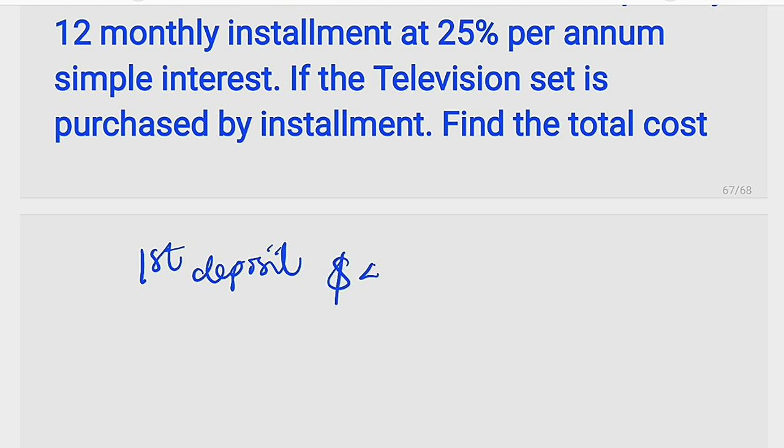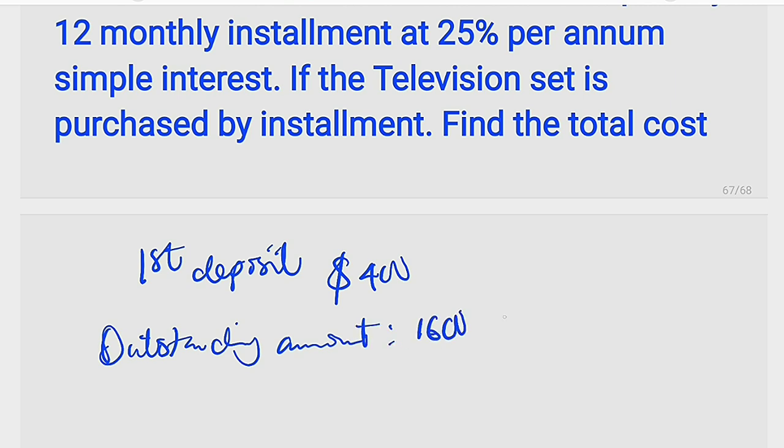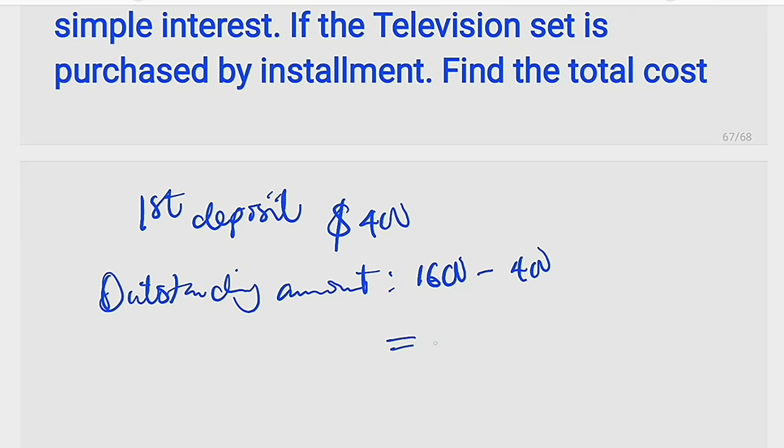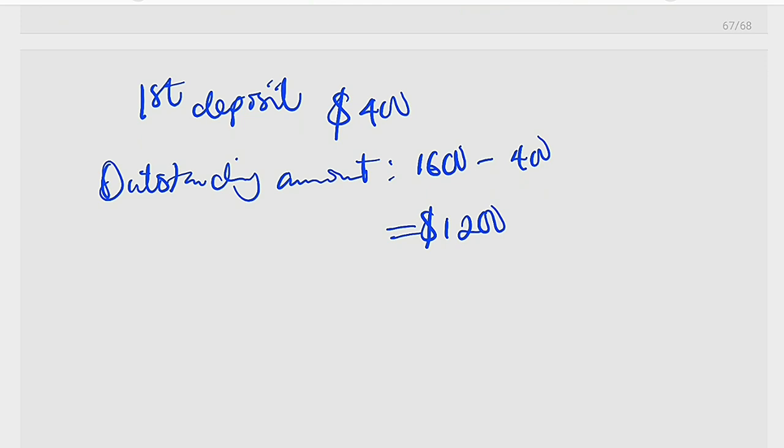The outstanding amount would be 1,600 minus 400, and this will be $1,200.